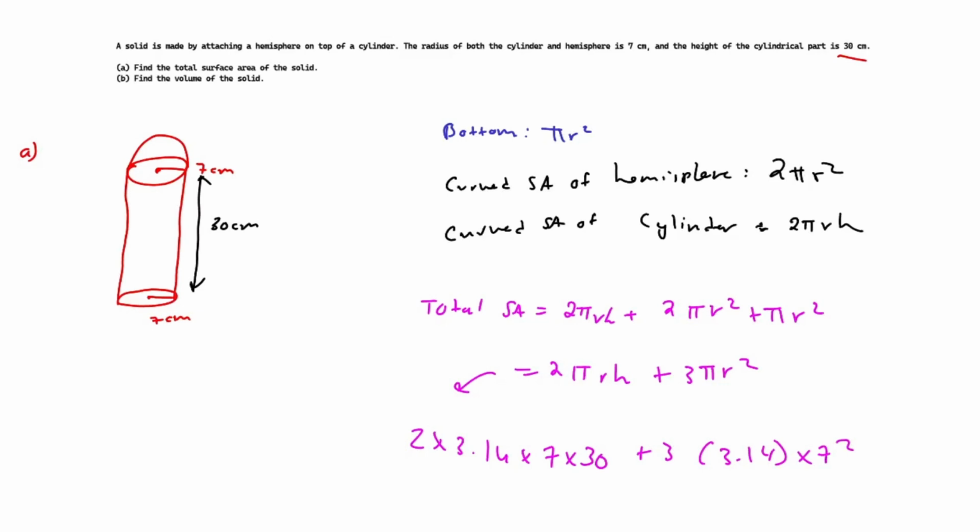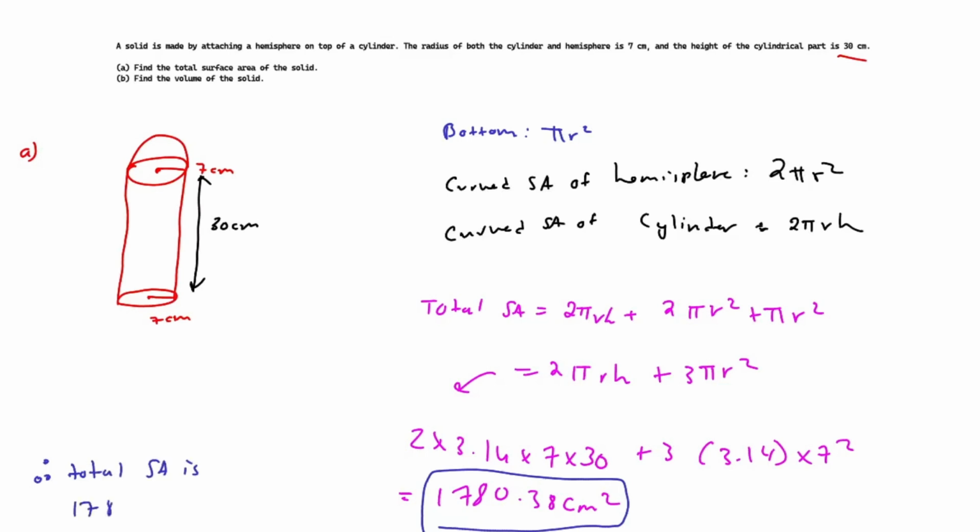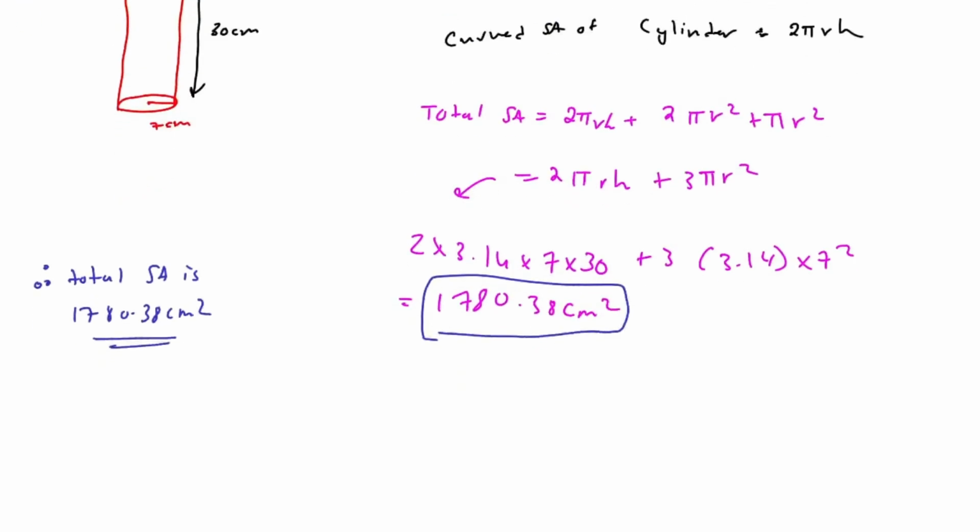And our answer, once you plug it into the calculator, should be 1,780.38 centimeters squared. We have units inclusive. Therefore, our total surface area is 1780.38 centimeters squared.